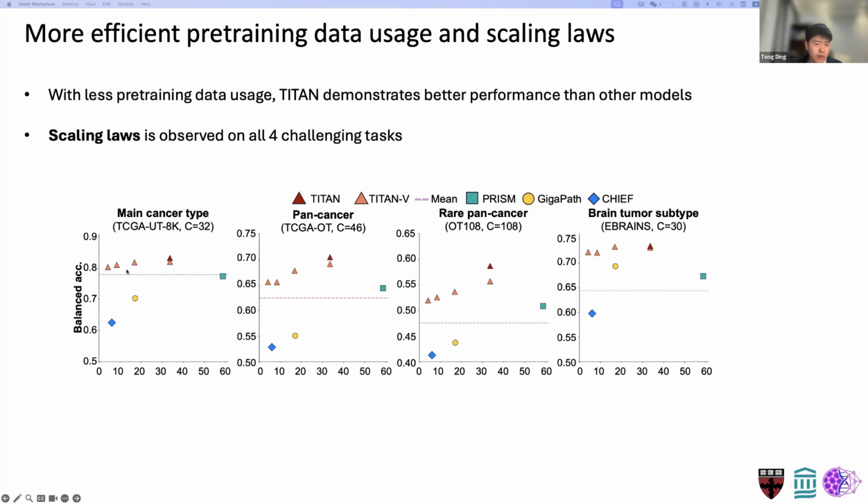And while we scale our data to larger scale, we see an improvement on these downstream tasks. And furthermore, aligning with text improves the vision only performance by quite a bit.